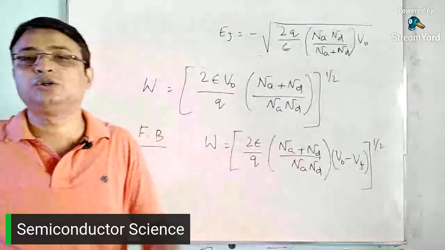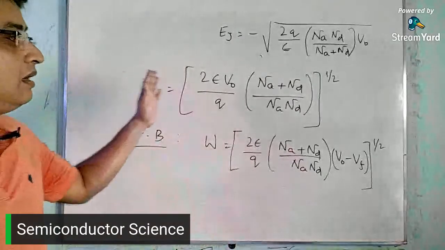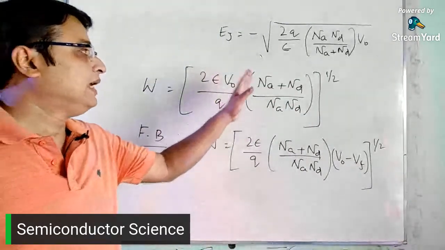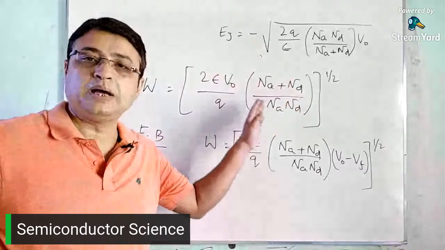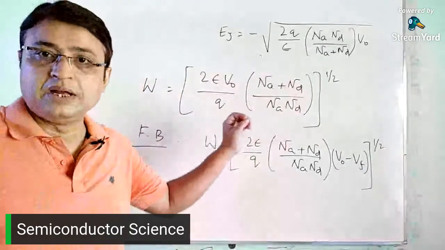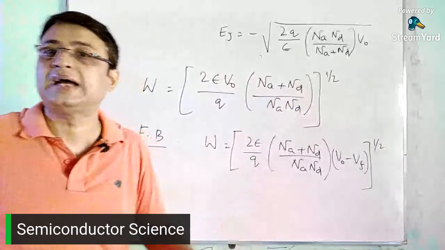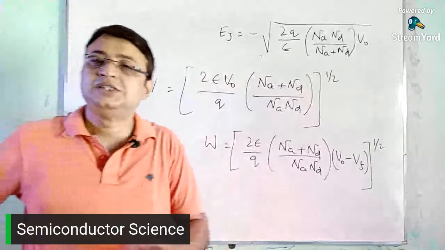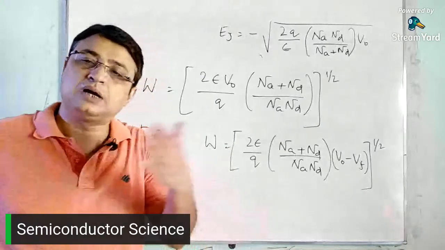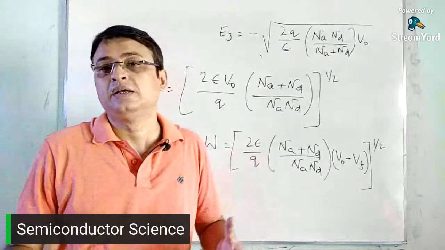And then we moved on to calculate the width of the depletion layer, and from the equilibrium case we found that W is twice epsilon by q, (Na plus Nd) divided by Na Nd, whole to the power half, into V0 whole to the power half. Here you can see that all the parameters except V0 are constant. You can't change the values of the acceptor and donor doping concentrations after constructing the PN junction.